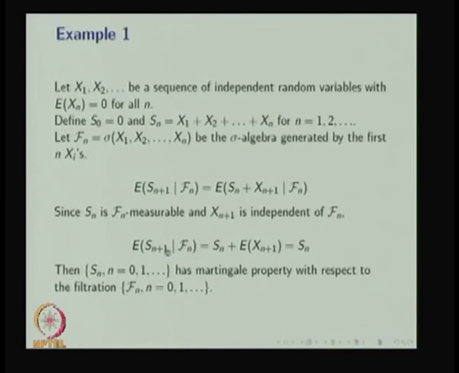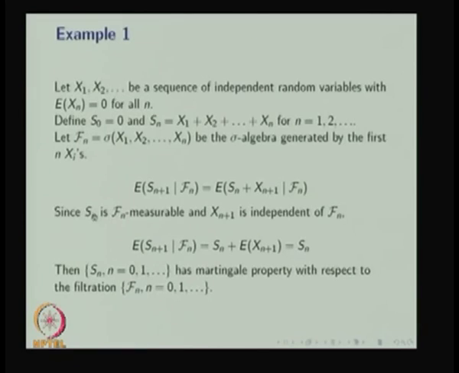This is nothing but the Martingale property, the last condition of the Martingale property in discrete time. Whenever you want to conclude the given stochastic process has the Martingale property, three conditions have to be checked. The first one is that the expectation exists. You can find the expectation of Sn. Since the expectation of xn is 0, the expectation of Sn is also 0. The second condition, the Sn has to be Fn measurable.